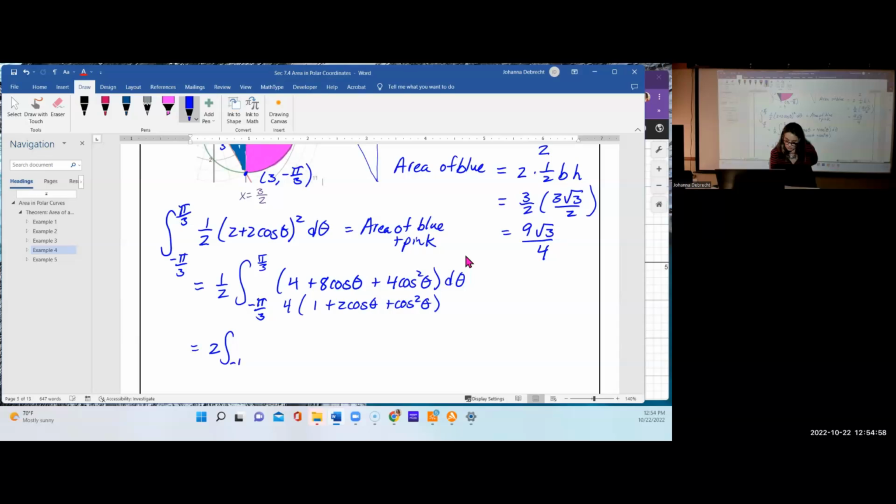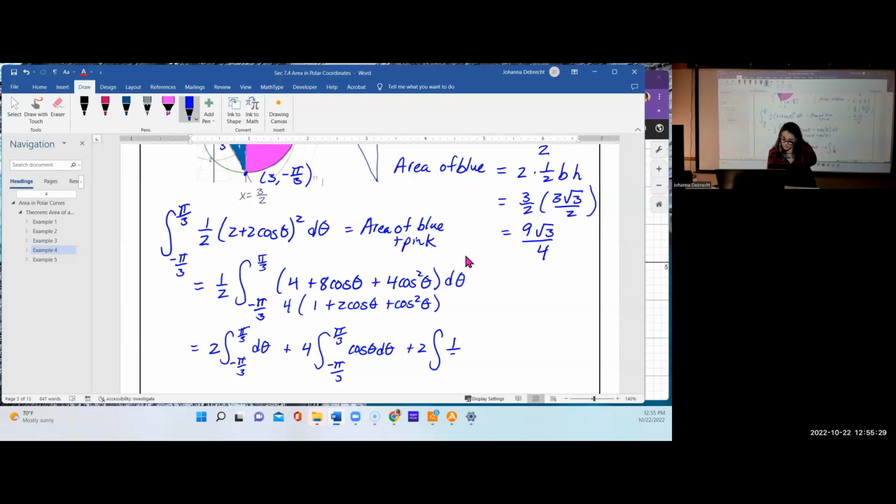So I have 2 times the integral from negative pi over 3 to pi over 3 of d theta, plus, now I've got 4 over 2, which becomes 2 times 2 cosine theta, which gives me 4 times the integral of cosine theta d theta. And then I'm going to have 2 times the integral of cosine squared.